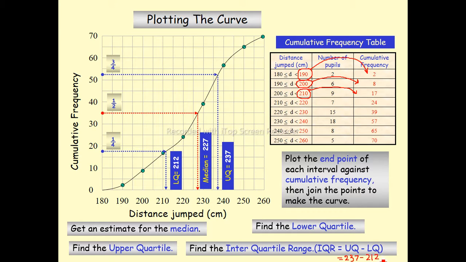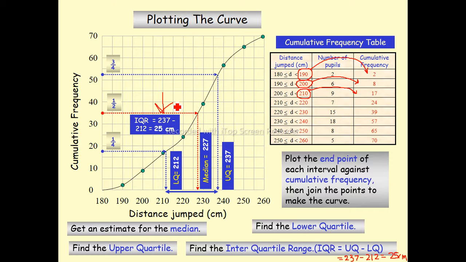That gives you the interquartile range, which is 25 centimeters. That's how we find it. We literally did this in the last question, so I don't know why this is a big surprise. So 237 minus 212.